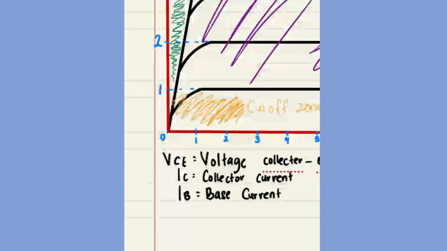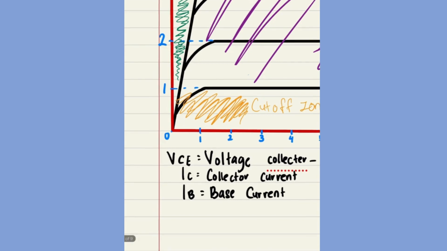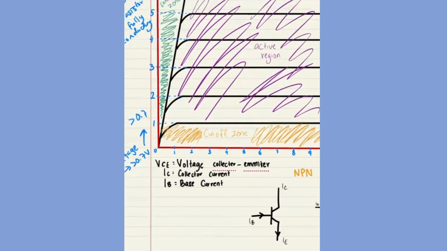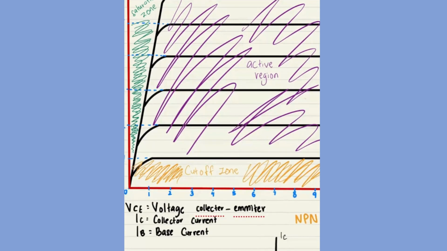Why is the first part of the graph a curve? This curve is formed when the voltage goes from 0 to over 0.7 volt. It will increase slightly above 0.7 and will be active and get into the active region.